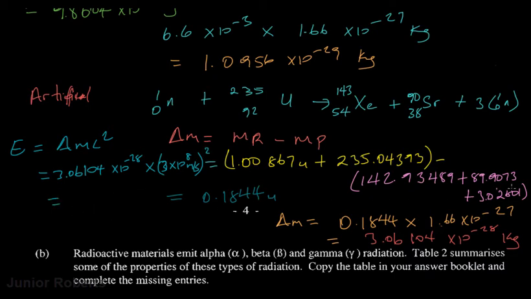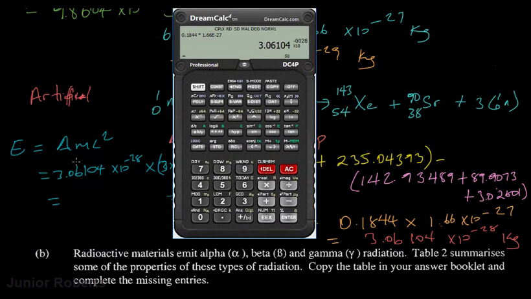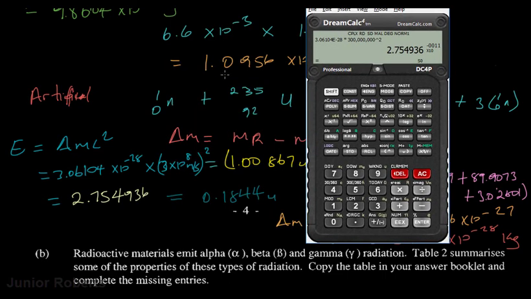So now, taking our calculator again, we have our value right here, which is for the change in mass or the mass defect. So we're going to multiply that number by 3 expressed to the 8 squared. And when we do so, we get 2.754936 times 10 to the minus 11 joules.